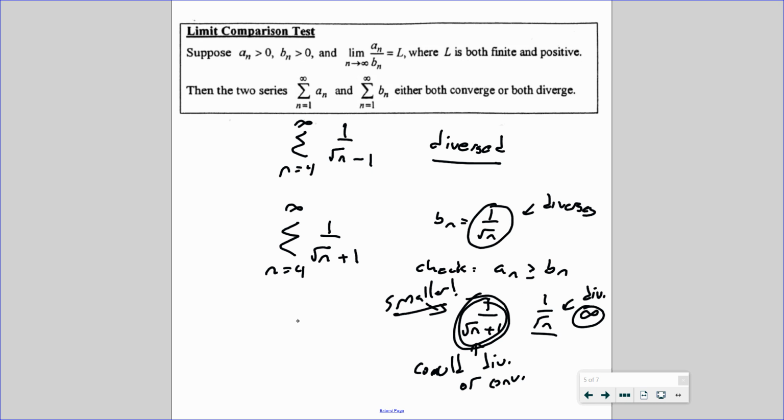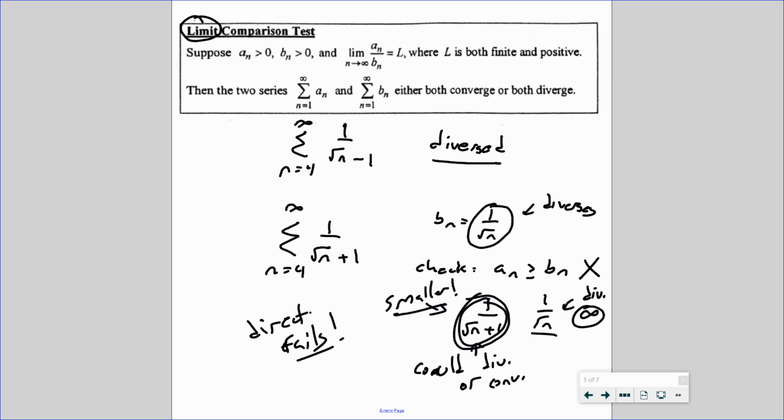So as a result, because my check here fails, we would say that direct comparison fails. And if that happens, we use something called limit comparison, and that's up here.